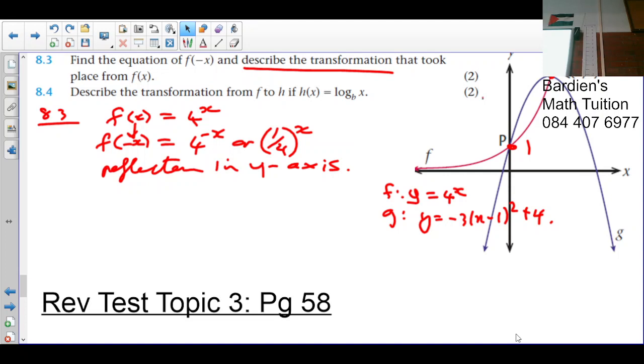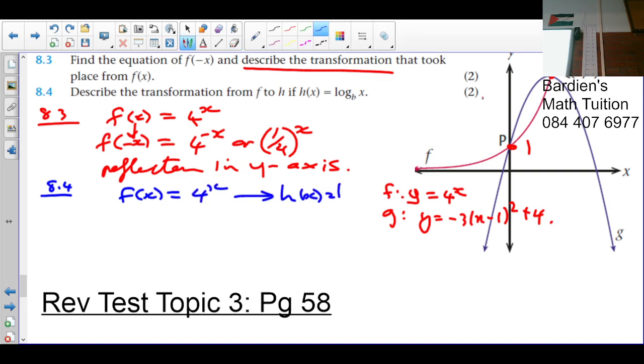8.4, describe the transformation of f to h. Now, f of x is 4 to the x, whilst h of x is equal to log x base 4. How do I know it's base 4? Because we worked out b already. If I take the inverse function of f of x, it is interchanging x and y.